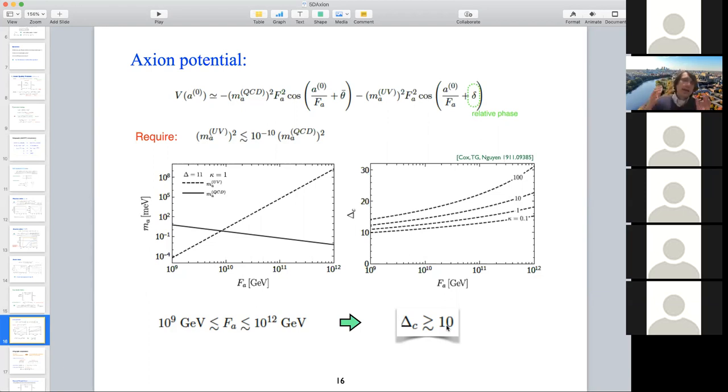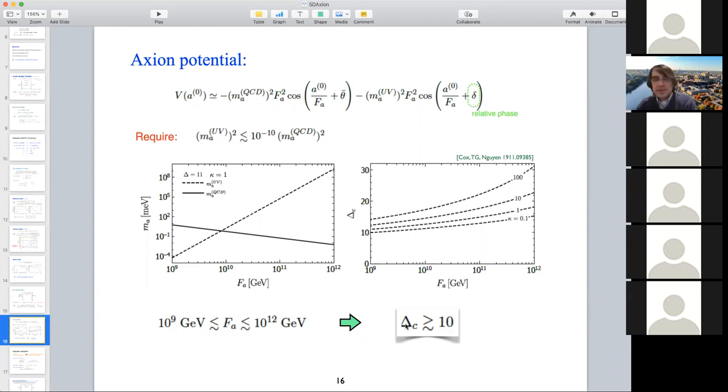So if you want to identify the decay constant from this extra dimension model to be within 10 to the 9 and 10 to the 11 GeV, then the smallest the delta can be is 10. And so at this point, you might say, okay, that's the parameter delta in your 5D theory. It has to be bigger than 10.